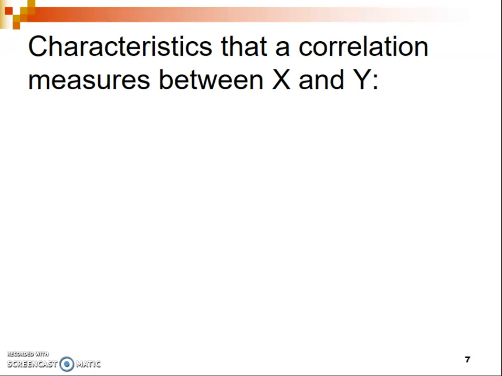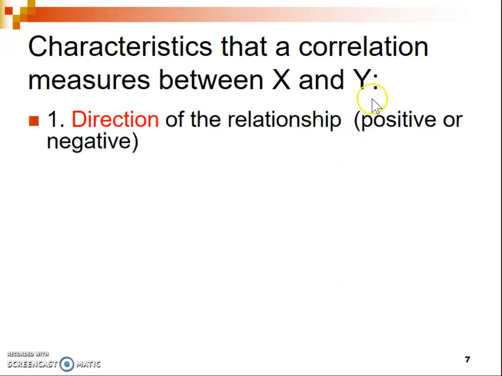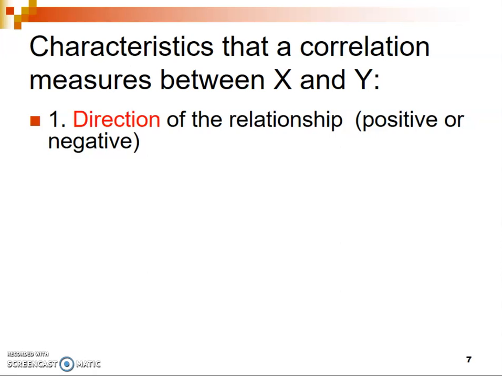So the Pearson correlation is going to give us a couple of bits of information contained within its measurement. First of all, it's going to tell us what direction the relationship is between the two variables. The direction could be either positive or negative. I'm going to talk about each of these two different directions on their own first.